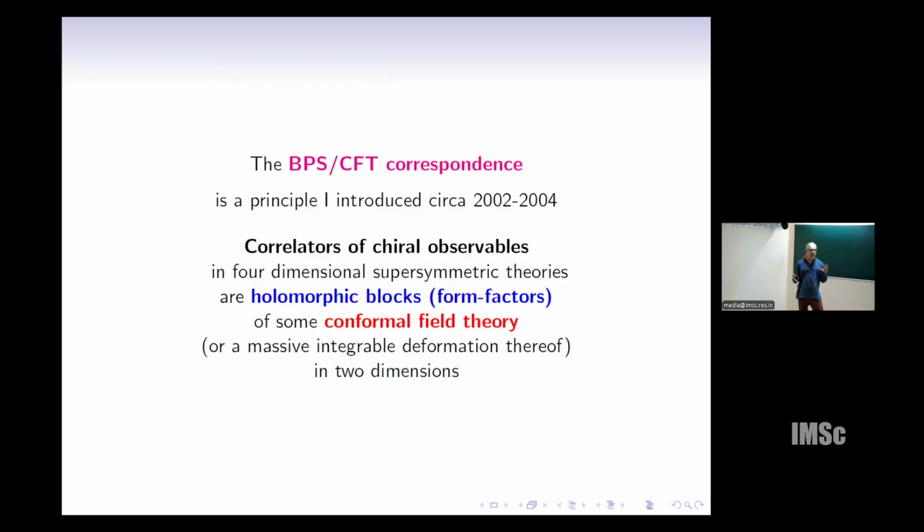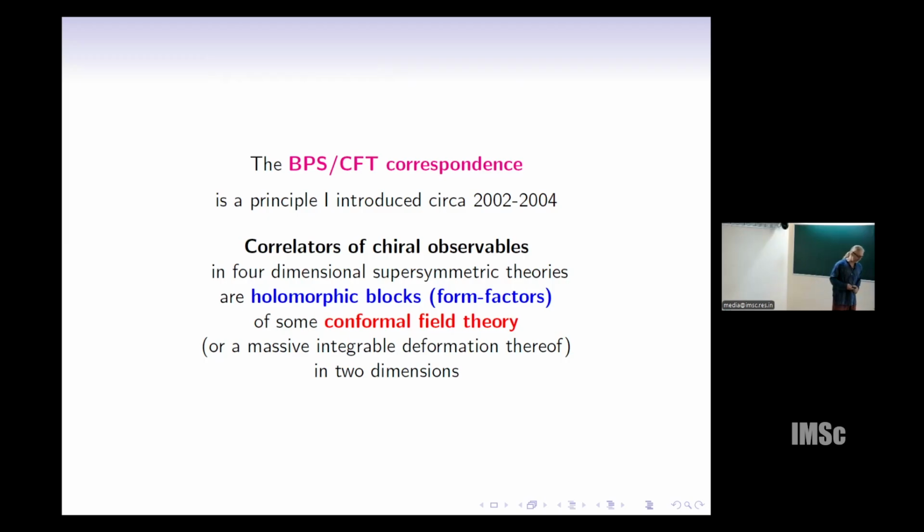At first this correspondence was very surprising, because on the one hand you have four-dimensional physics with things which can be propagating in four space-time dimensions, and yet you can find a set of special observables whose expectation values are not only exactly computable, they're actually sensitive to non-perturbative physics, and yet they're exactly equal to something which corresponds to the two-dimensional theory.